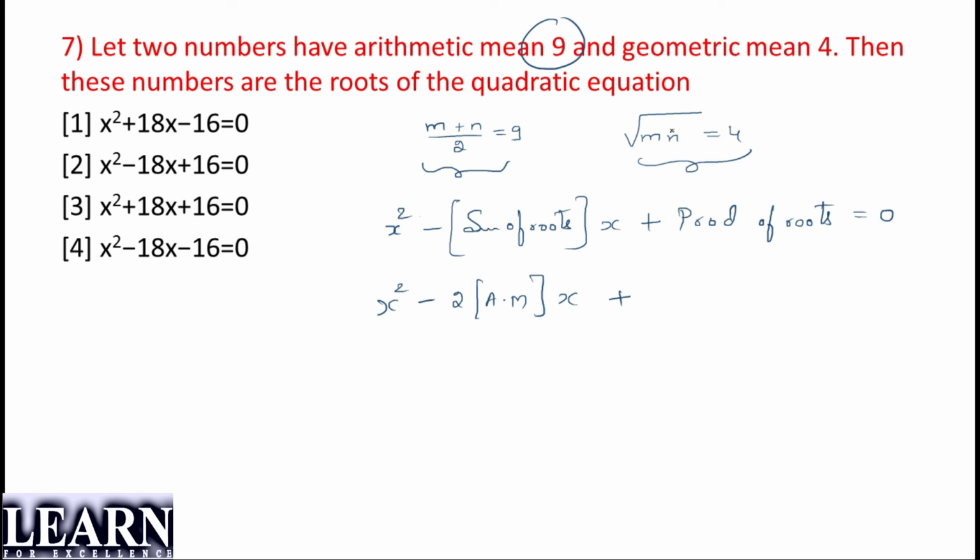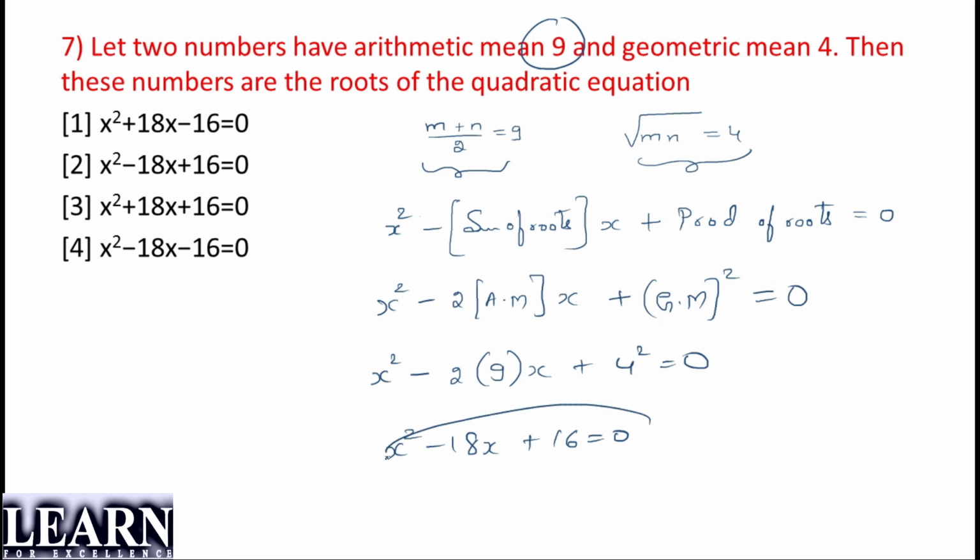GM is the square root of the product of the roots, so if I want the product of the roots, I have to take GM square, and this is equal to 0. So this is x square minus 2 into 9 times x plus 4 square is equal to 0. So I can write it as x square minus 18x plus 16 is equal to 0. This is how we can find it out when we need to check with the values also.